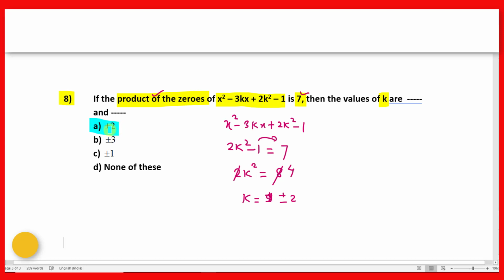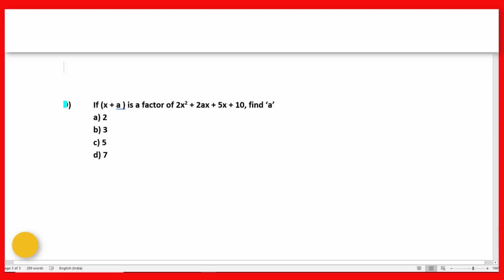Here is the question number 9. If x plus a is a factor of 2x square plus 2ax plus 5x plus 10, then find a.